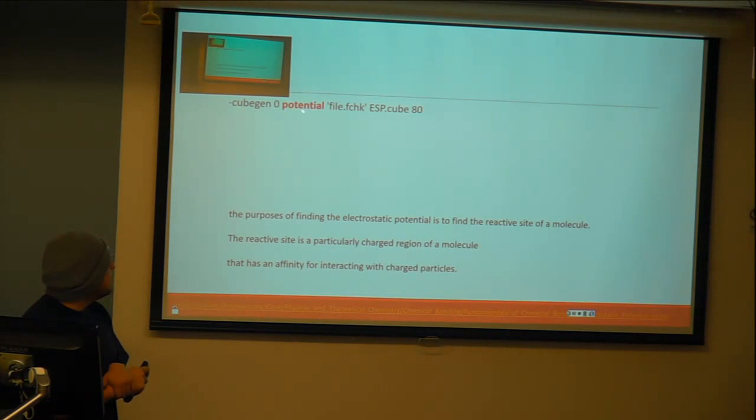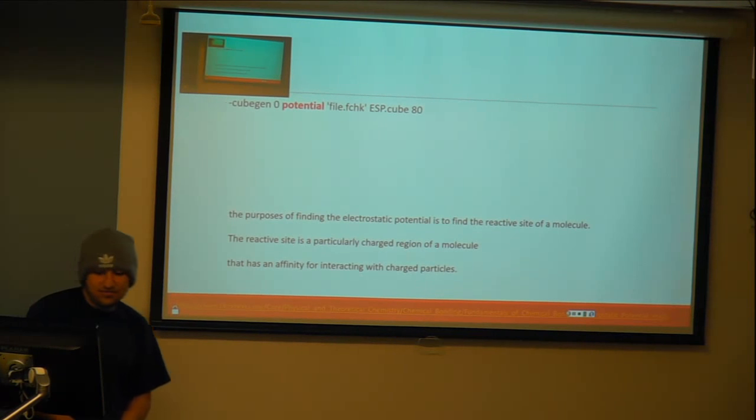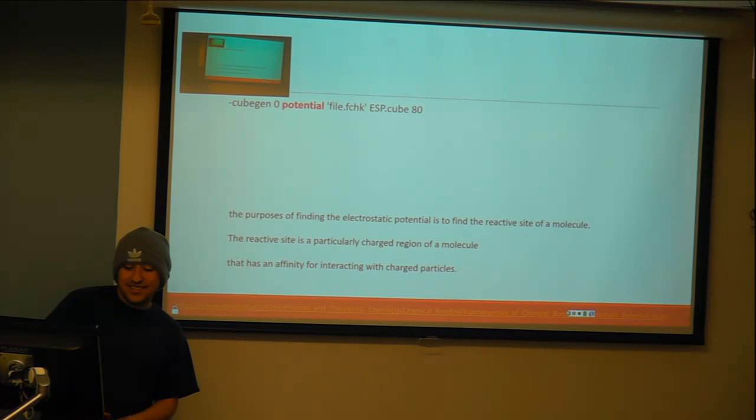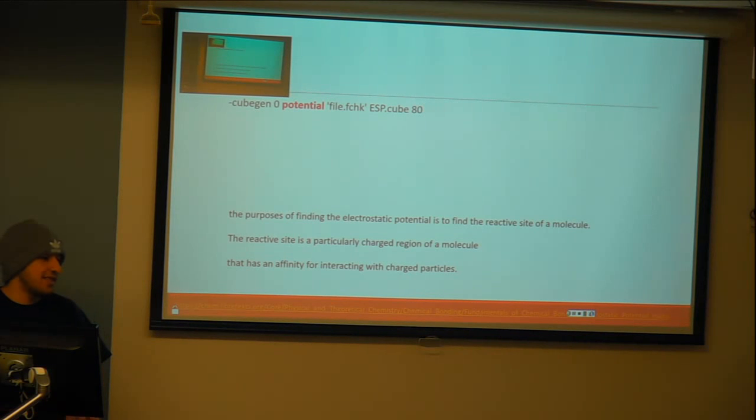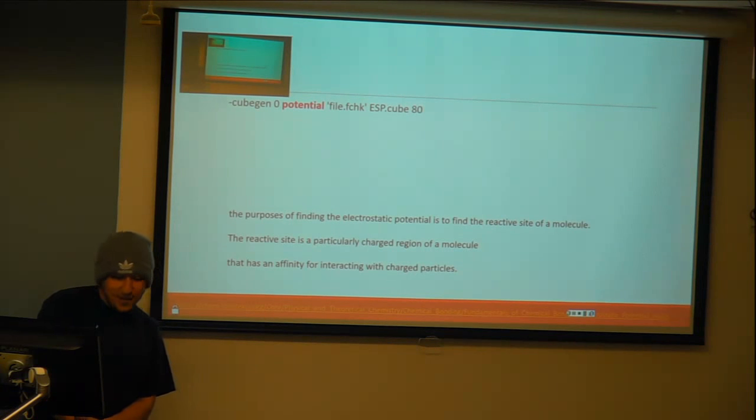Basically, right here after the Q gen 0, to figure out potential, if you'd rather work from the terminal, use potential off the formatted check file, with your file name. I just put ESP because it's easier to find. For the purposes of finding electrostatic potential, let's find the reactive sites of a molecule, and you'll be able to see this more in depth in a picture in a couple seconds.